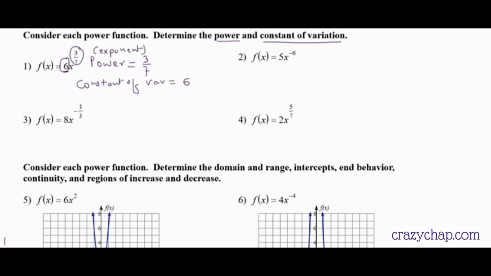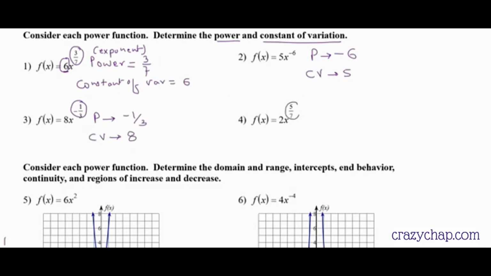Here, number 2, power is -6. So I am just writing power as P. So power is -6 and constant of variation is 5. In question number 3, power is -1/3 and constant of variation is 8.